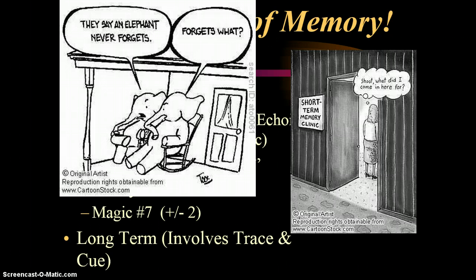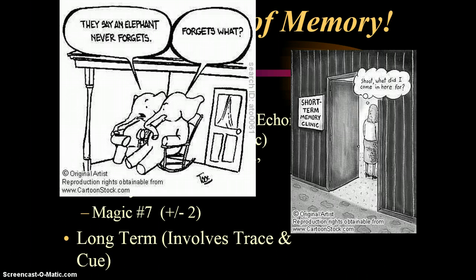Okay. Now, long-term memory generally consists of 2 things: a trace and a cue. When you see the word cue, I want you to think of a clue, C-L-U-E. A cue is like a trigger that causes you to remember something. So, for example, if I say, do you remember what you did the first day of school this year?